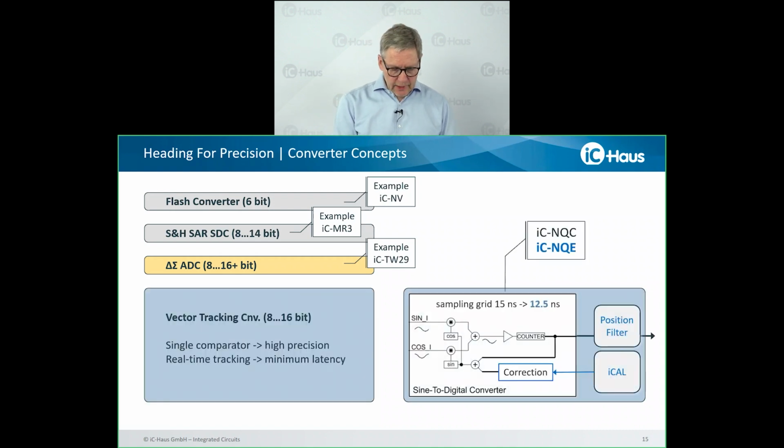The new iC-NQE prefers a vector tracking principle, an approach for real-time conversion at nearly no latency. We added two features: a position filter to fight edge jitter, and a feature we call iCal, which allows us to compensate signal distortion individually for each input cycle.